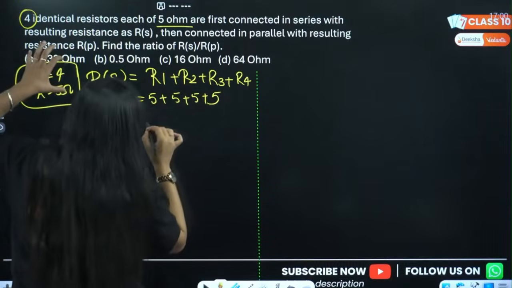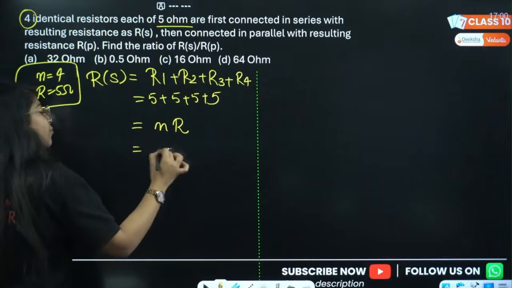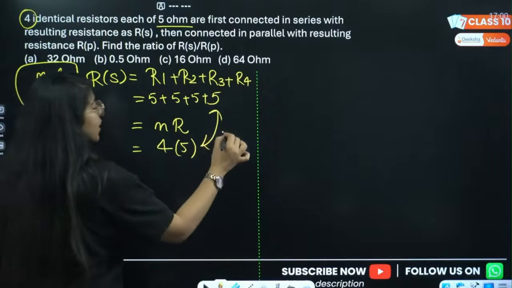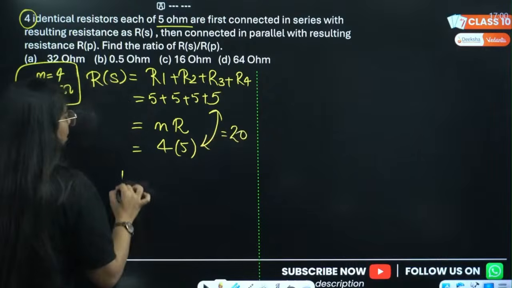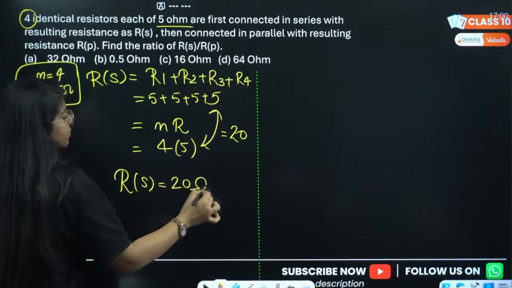Why did I write N here? Because you can directly write N into R as well. That will be 4 into 5. It will be simple, easy. Both will be 20. So Rs is 20 ohm.